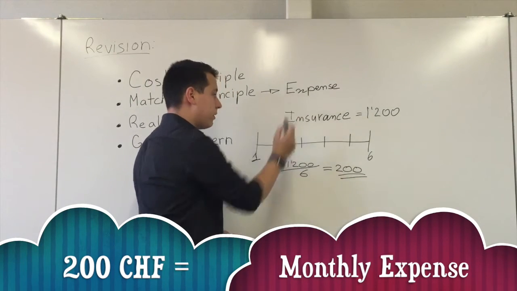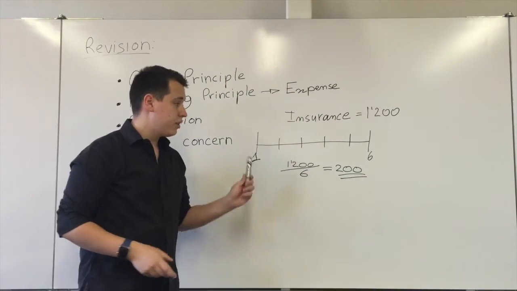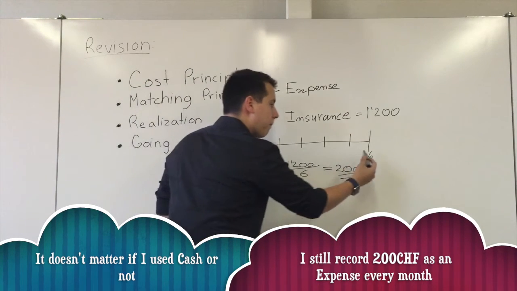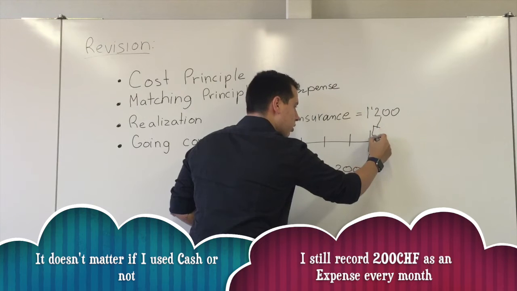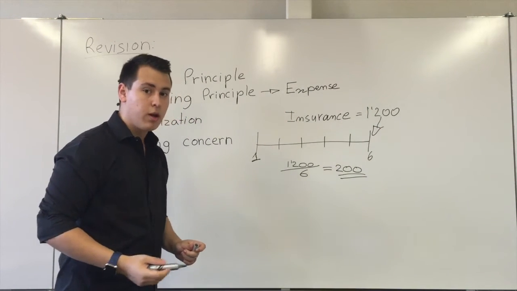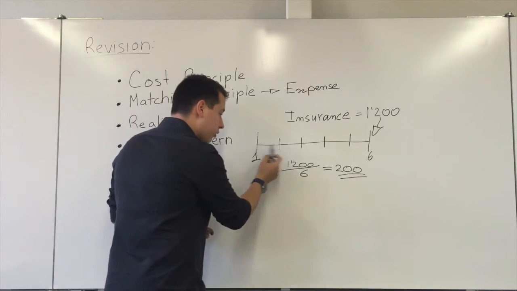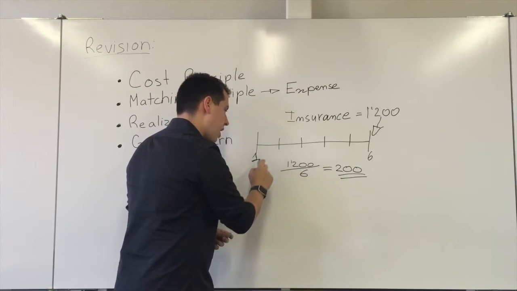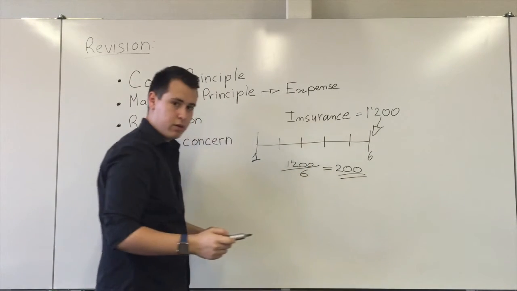So this 200 would be the expense. In this case, it means that even if I'm paying 1,200 at the end of the 6 months, I'm recording 200 monthly expense. I'm recording 200 every single month.